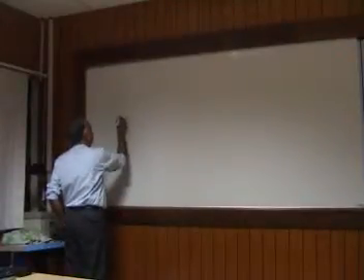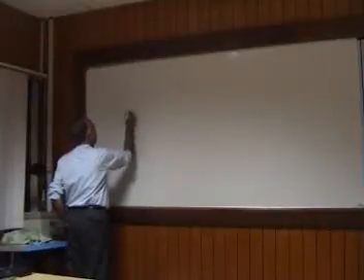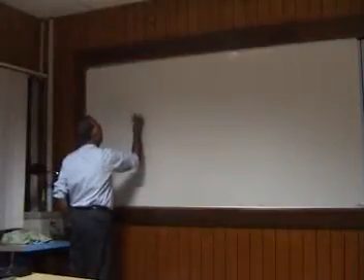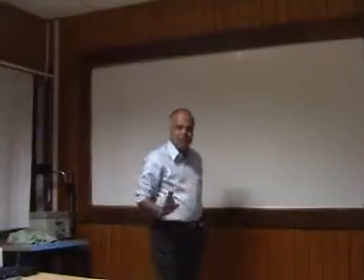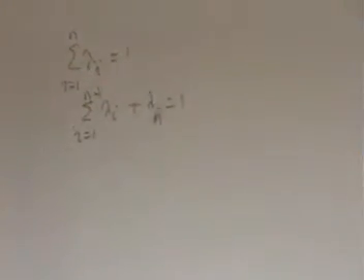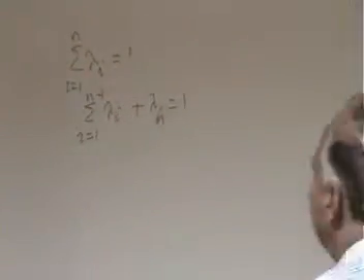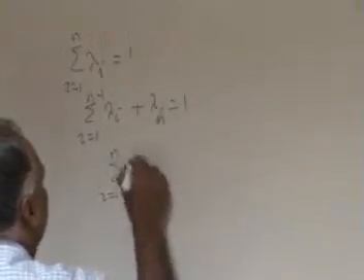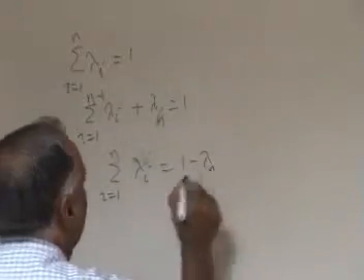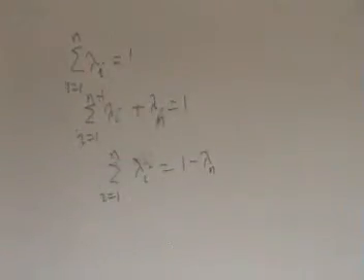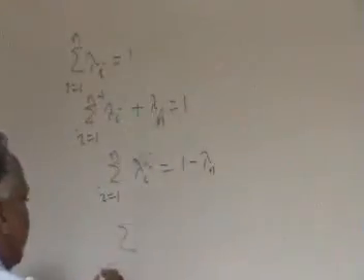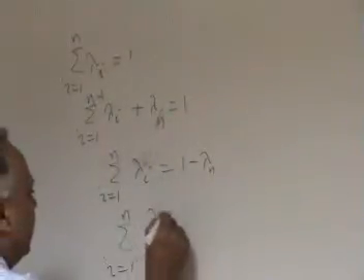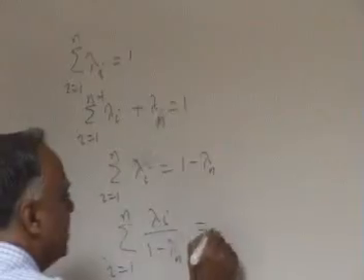So I will write it as summation i equal to 1 to n minus 1 lambda i plus lambda n equal to 1. So I want to bring it to that n minus 1 case. How do I do the induction? Somehow I want to bring it to the n minus 1 situation. And therefore, summation i equal to 1 to n minus 1 lambda i is equal to 1 minus lambda n. So if I divide by 1 minus lambda n, I get summation i equal to 1 to n minus 1 of lambda i by 1 minus lambda n is 1. So I will call this mu i.